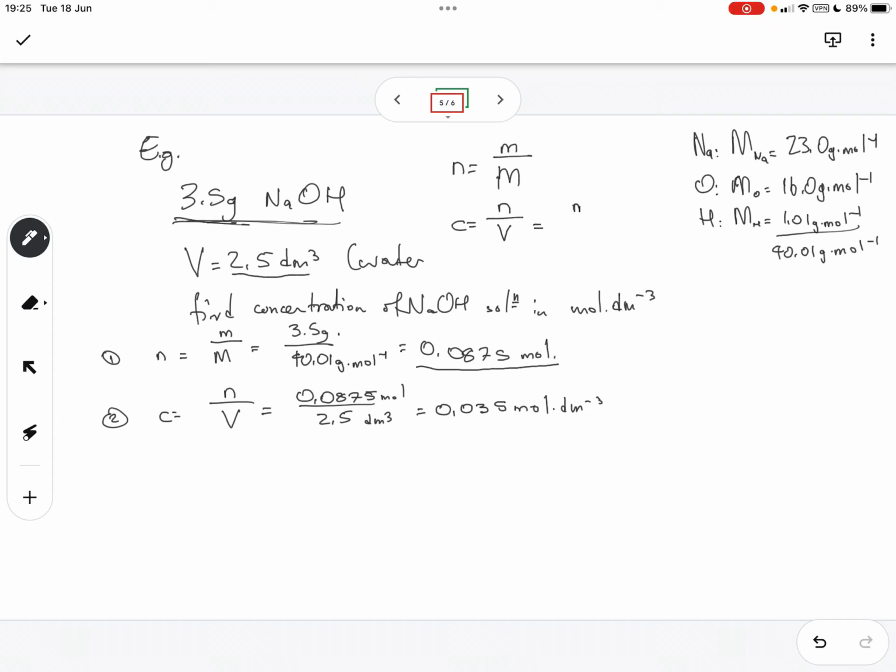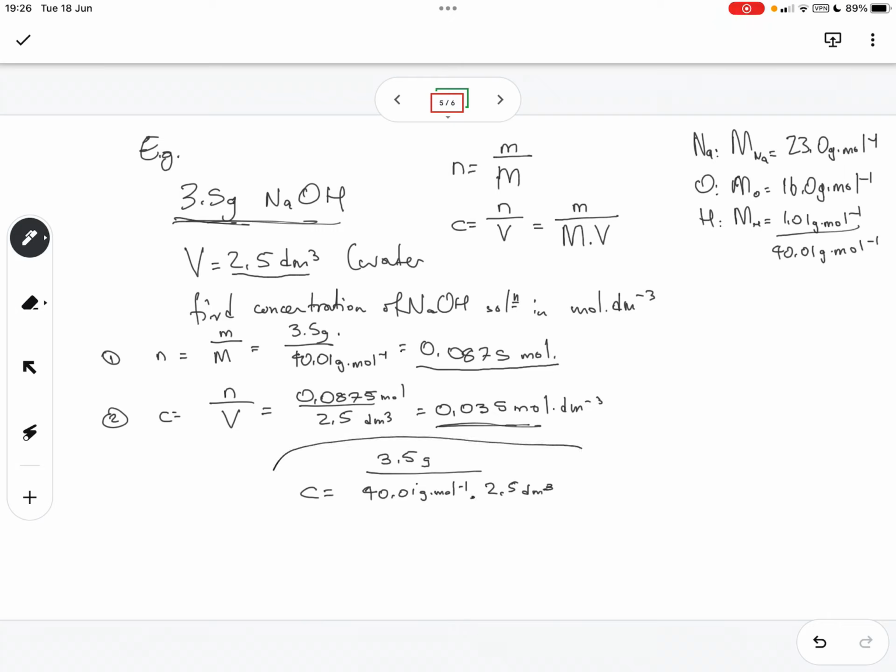or also the mass of the substance divided by the molar mass times the volume. So we would still get to this answer if we said the concentration is 3.5 grams divided by the molar mass of the substance, 40.01 grams per mole, times the volume, which is 2.5 dm cubed.